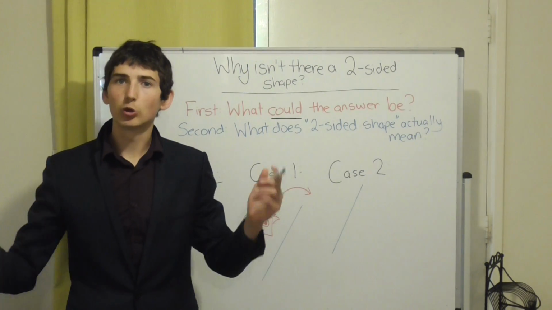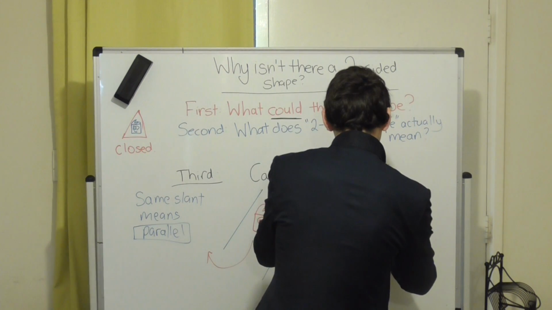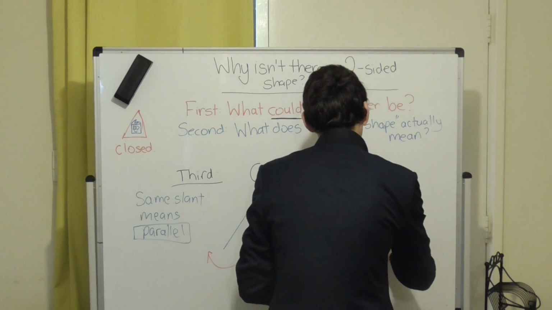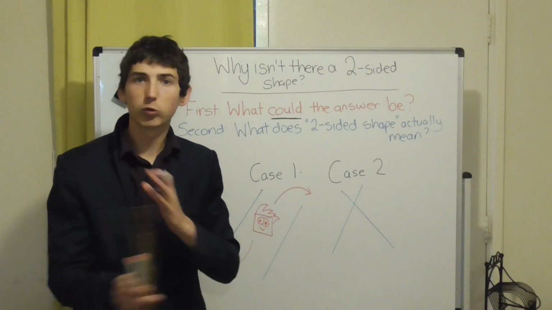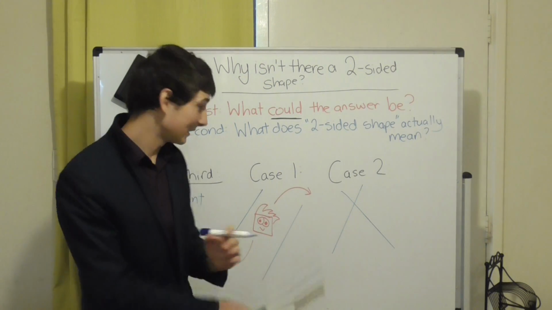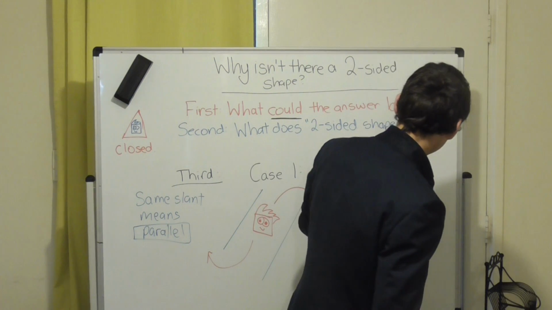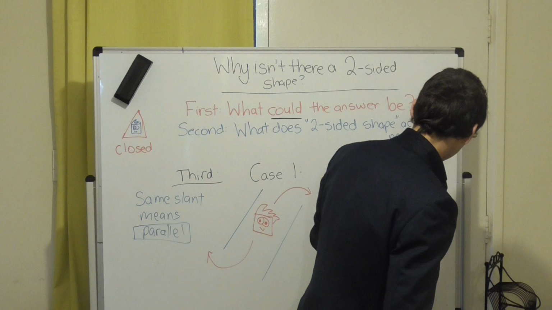The lines are going to, and here's another word, intersect. So I'm going to draw the intersection point up here a bit higher, so they actually cross. The lines meet at this point here. The lines intersect.